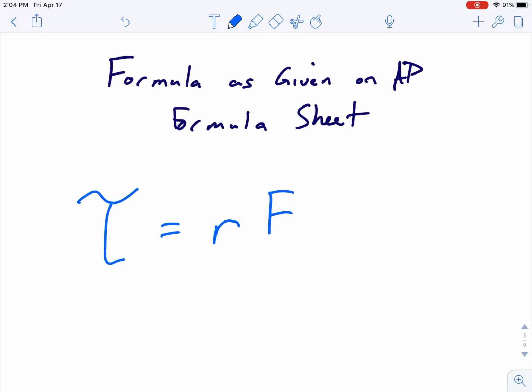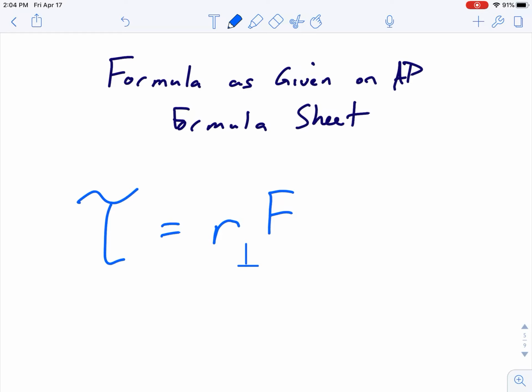And what you want to do is take the two parts of those vectors that are perpendicular to each other. And so you will see on your formula sheet that they put these two things together. Now, if R and F are at a 90-degree angle to each other, life is good. You just take the R value and you multiply by the F value and you get the torque.